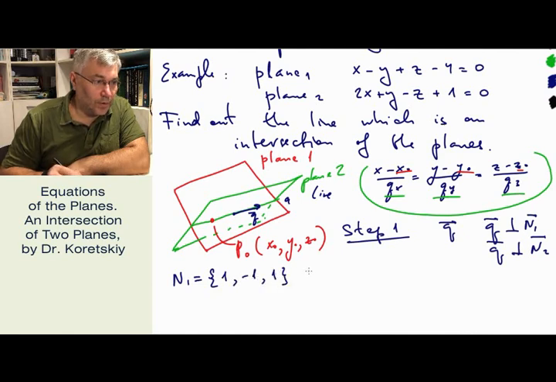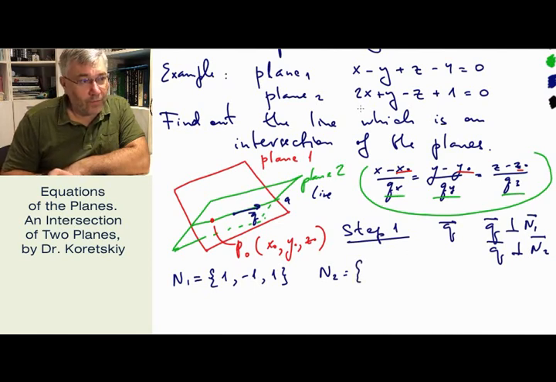And n2 has components, the factors in the second plane's equation: 2, 1, and minus 1.